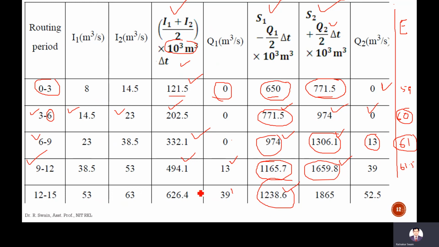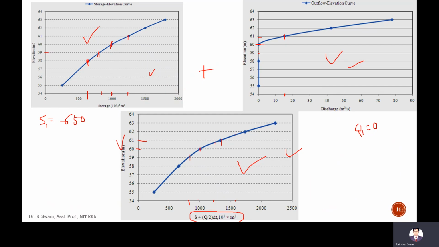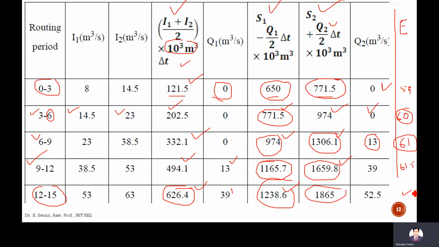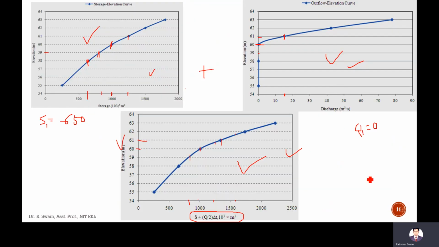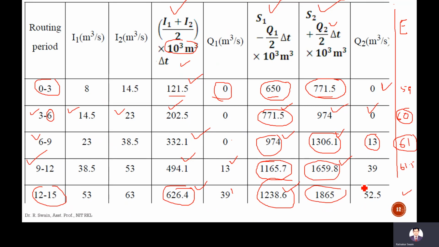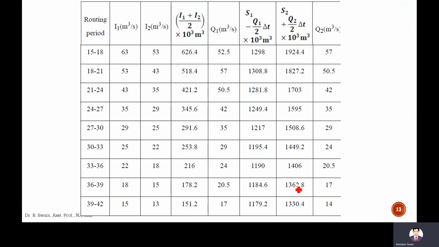For that particular time step, we add the average inflow value to these, and we get the S2 plus Q2 by 2 delta T. Using the plot of S2 plus Q2 by 2 delta T versus elevation, again the elevation is obtained, and corresponding to that elevation Q is obtained. Like this it is carried out for all the time steps, okay.